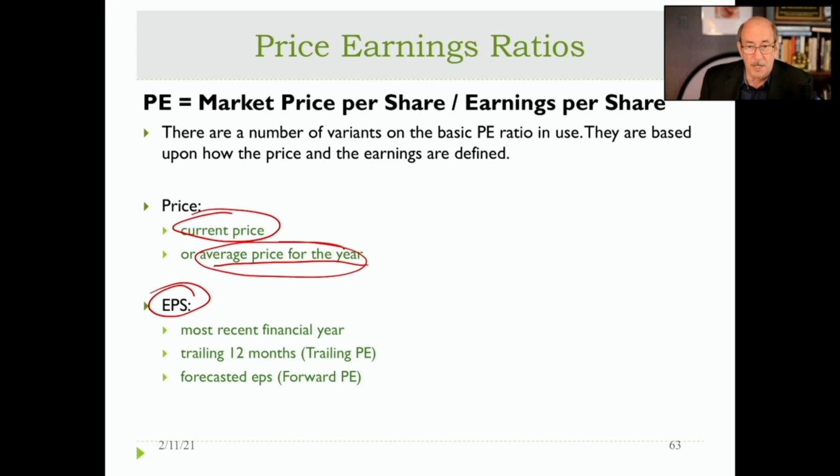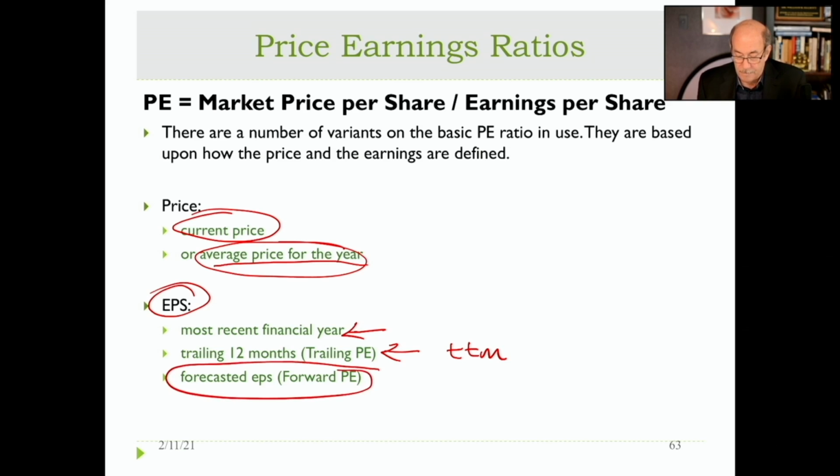And then earnings for sure vary depending upon what you choose. You could use the most recent financial year. You could use the trailing 12 months. TTM is also the abbreviation that you see often. That means trailing 12 months. Or you could use a forecast of EPS.